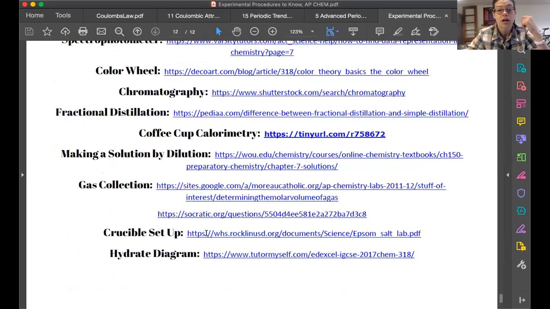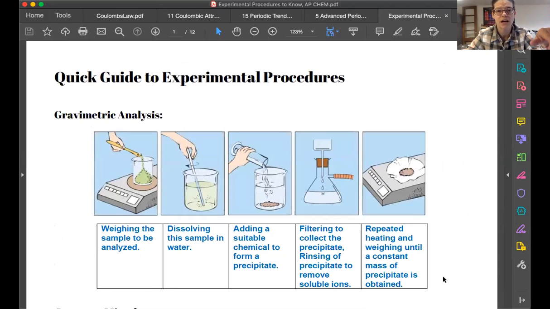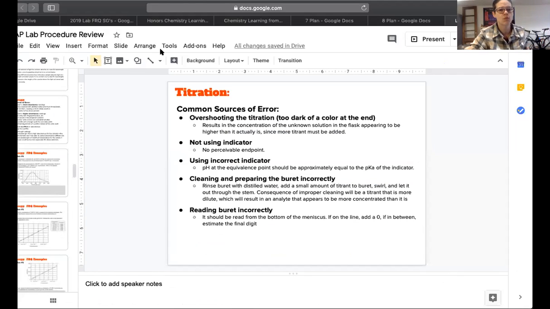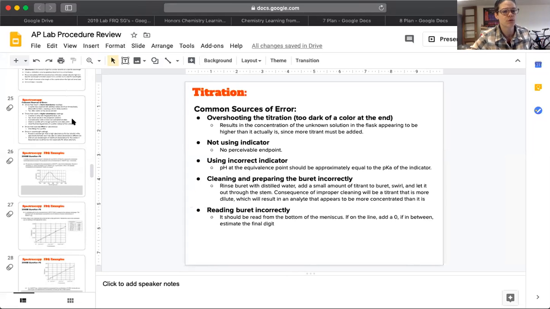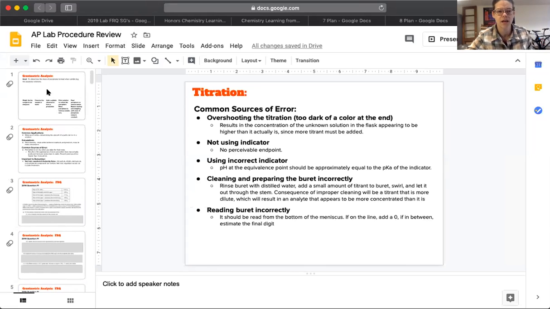So you have access to this file. This is just a PDF. I also linked a lab procedure review full presentation that goes through the entire thing.